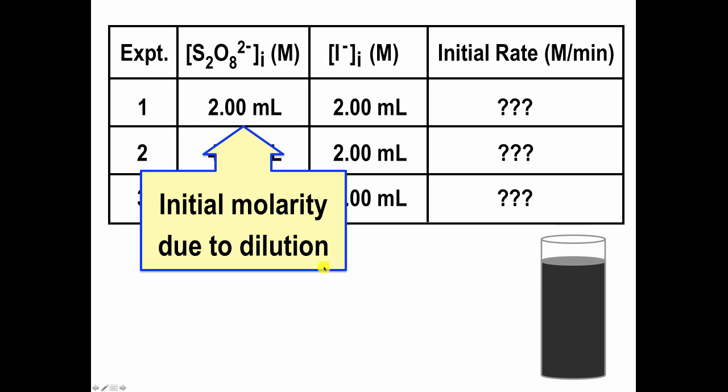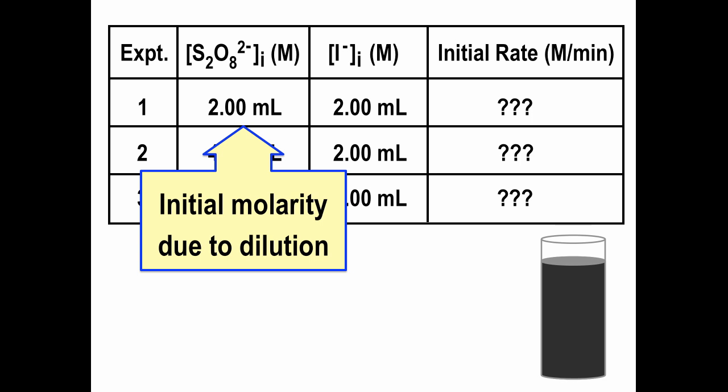Now note the initial molarity of the S2O8 2-, how it was made up, is 0.200 molar. That's how it was made in the stockroom. But we're not going to be using just that substance. We're going to be mixing it with other things. And so as we've seen in the past, we have to consider the dilution that occurs when different solutions are mixed together.